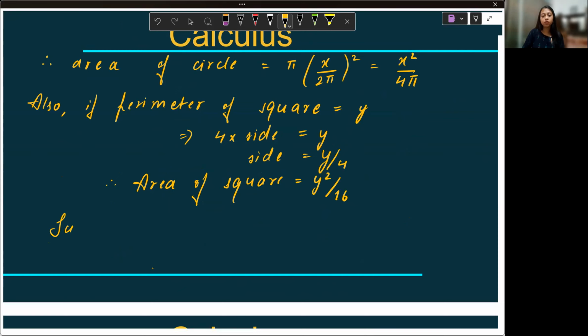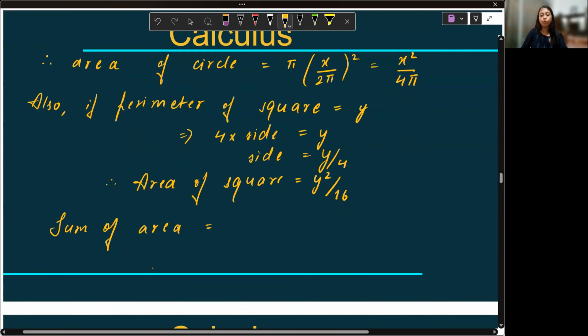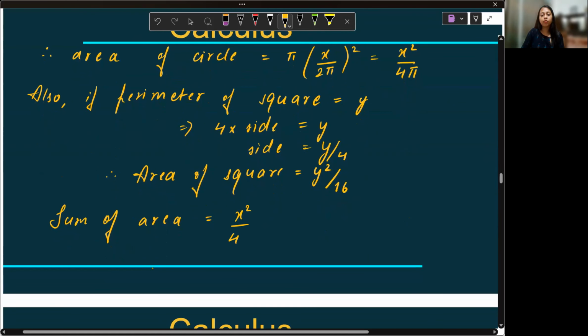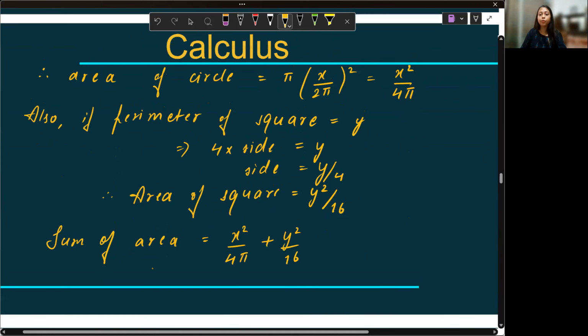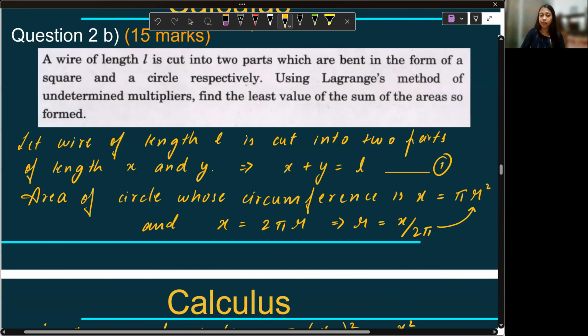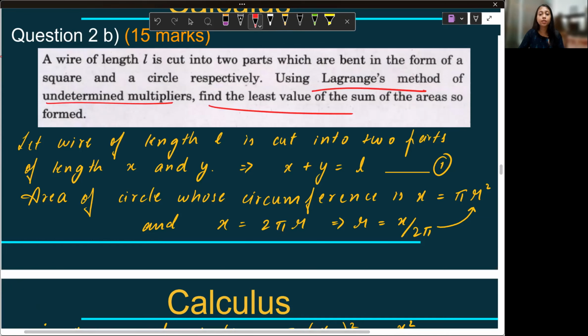The sum of the areas is x squared by 4 pi plus y squared by 16. See, that's what they're exactly saying: using Lagrange's method of undetermined multiplier, find the least value of the sum of areas so formed. So that's what I have done.